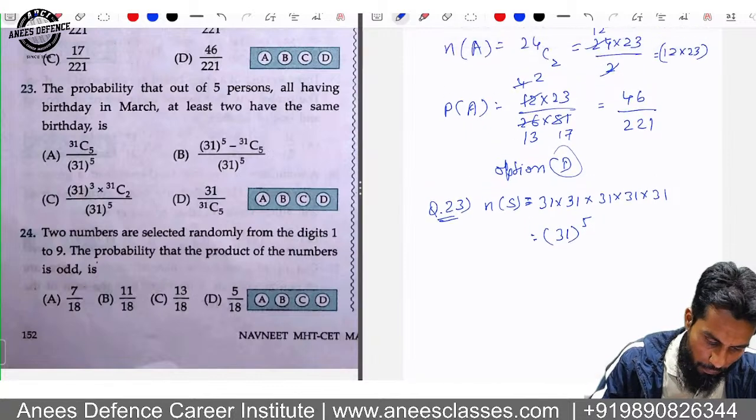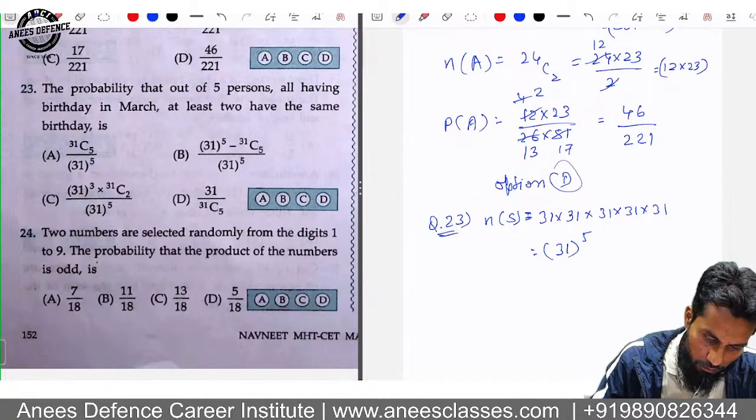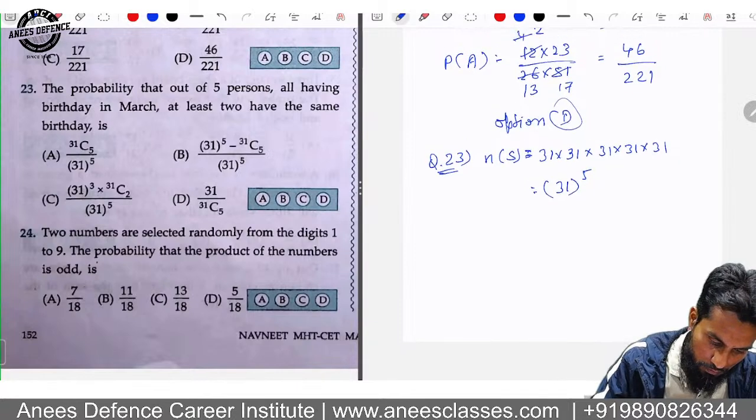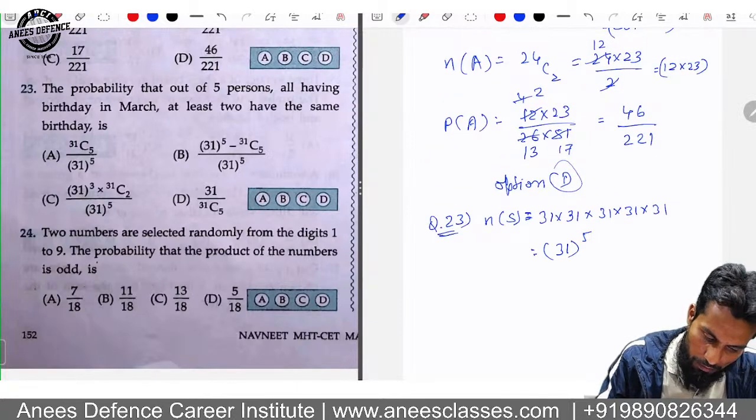Instead of taking at least 2 persons having birthdays on the same day, we can take 1 minus none having the same day as their birthdays. Okay, so how will you solve that? 1 minus. Out of those 31 days, you can take different days for each of those persons to have different birthdays, right?